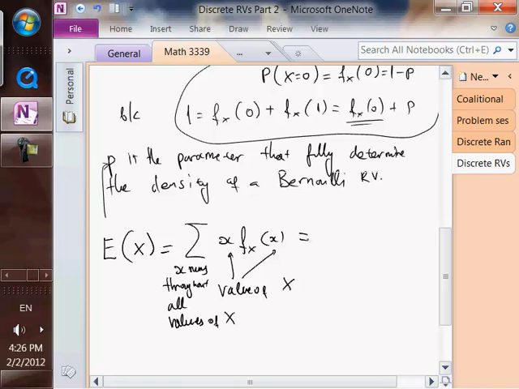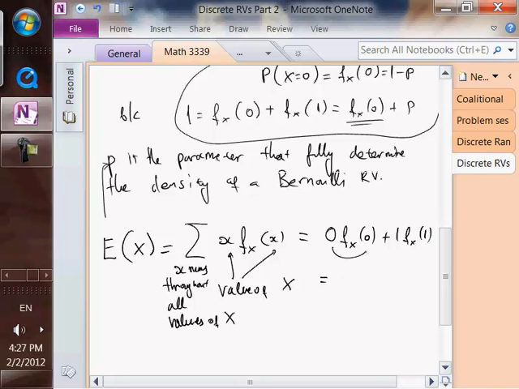So what does this sum boil down to? Here, our random variable has only 2 values, 0 and 1. So I will have 0 times f sub x of 0 plus 1 times f sub x of 1. 0 times the value of the density at 0, which is one of the 2 values, plus 1, that's the other value, times the value of the density at 1.